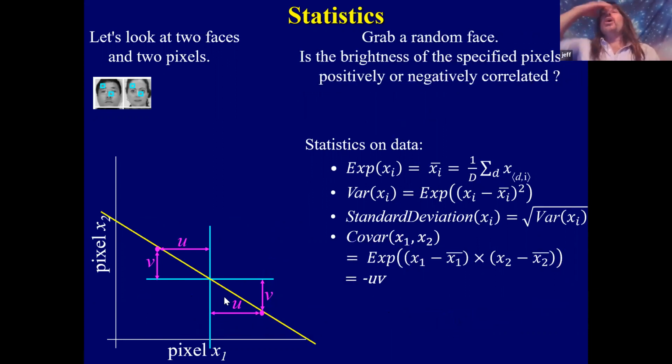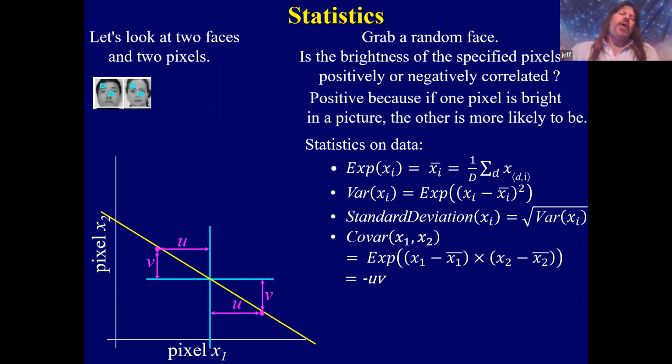All right, here's a little aside question. Suppose you grab a random face, and we have two pixels that we like, this pixel and this pixel. Are their brightnesses likely to be correlated with each other? I say probably, because if one of them is bright, then probably the image as a whole is bright, and so the other one is probably bright as well.